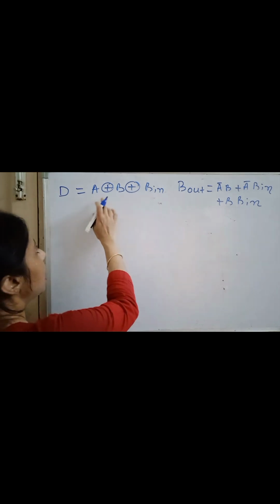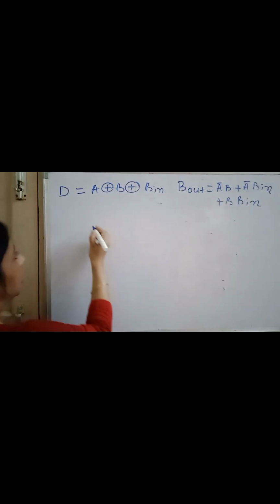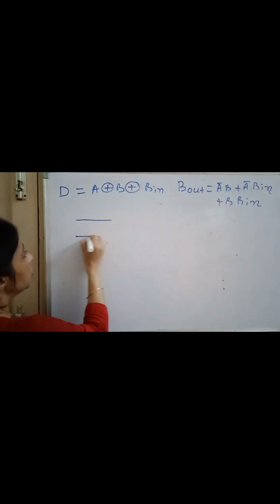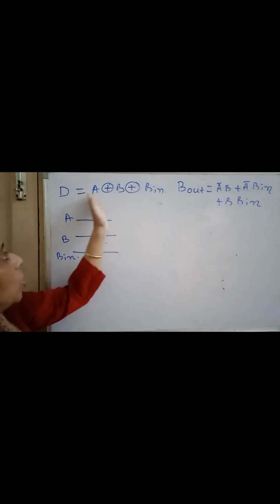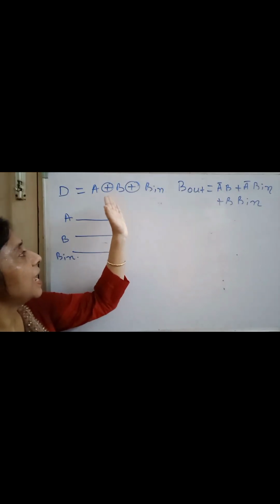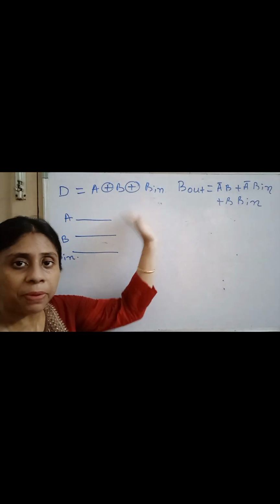Right? Now see, there are three inputs. What are the input lines? A, B and B in. So draw the input lines A, B and B in. Right? Now see, what is difference? The difference is A XOR B XOR B in.